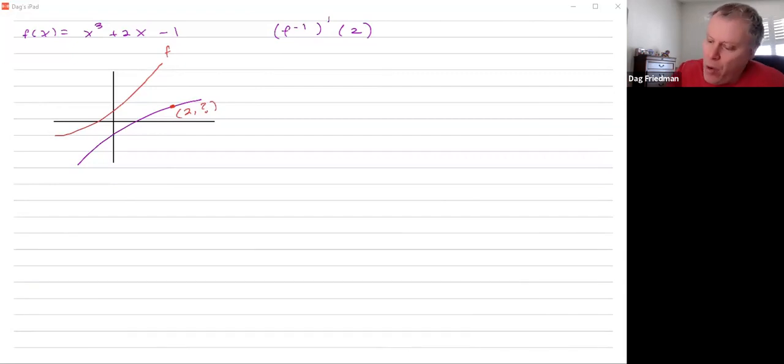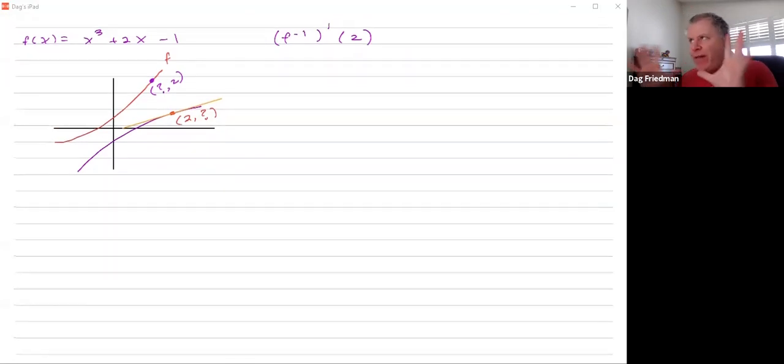And what they want to know is, what is the slope of the tangent line to that graph when x equals 2? So you need to know a couple things. The big thing that you need to know is the derivative at this point right here, which is the point (question mark, 2). What is that derivative? See what you can do. Again, notice how I don't need a flashcard. As long as I understand that concept, I am good to go.